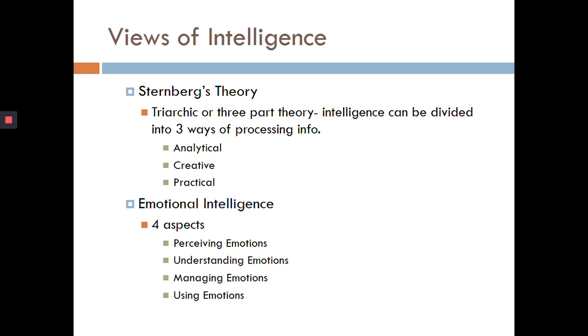Then we also, very recently, have this concept of emotional intelligence. And that is your ability to perceive, understand, manage, and use emotions. So people who have emotional intelligence are socially aware and self-aware.